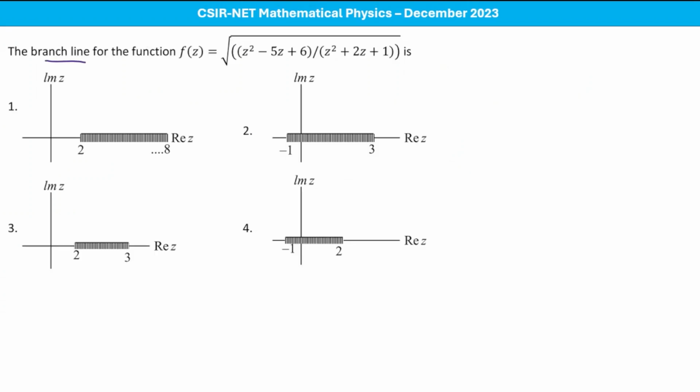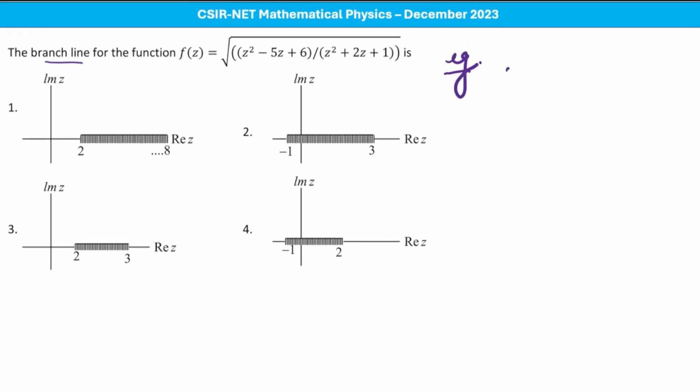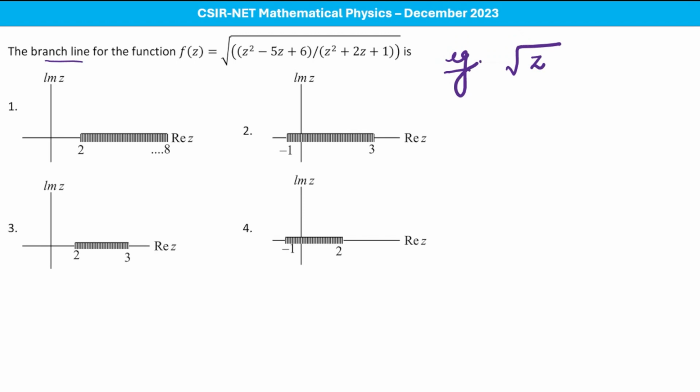The branch line for the function f of z is... first understand what are the branch points, and what is a branch line. So the branch points are the singular points of a multivalued function. A multivalued function is a function which gives you more than one value, more than one output for one input. For example, there is a square root function, root z.